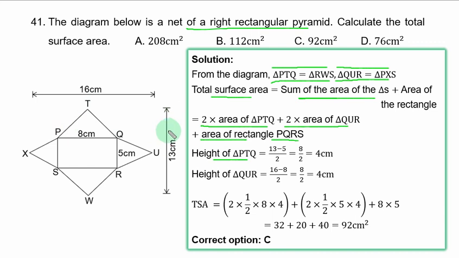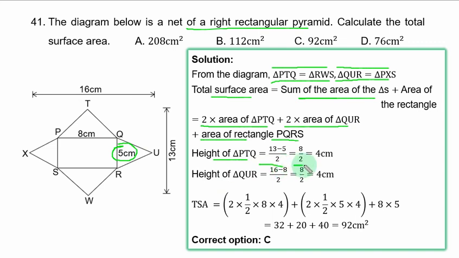Now, this is the given height, but from that height, the width of the rectangle is not needed. So you subtract 5 from 13. After doing that, the remaining height is for the two triangles. But because we need the height of PTQ, you divide it by 2 after subtracting 5 from 13.